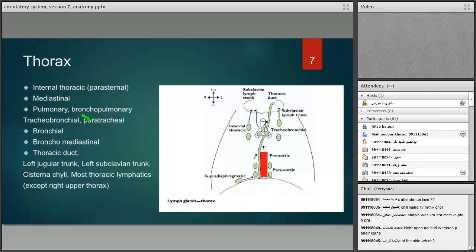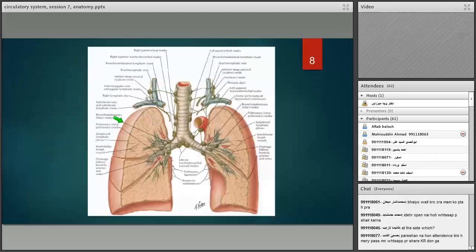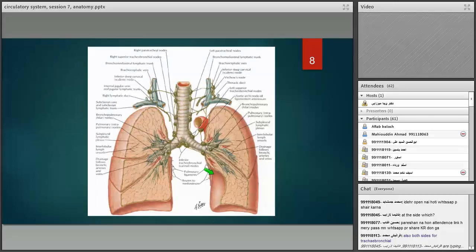These are paratracheal nodes at both sides of the trachea. All of these groups of lymph nodes are present on both sides, right and left. It's clear in this slide, okay?